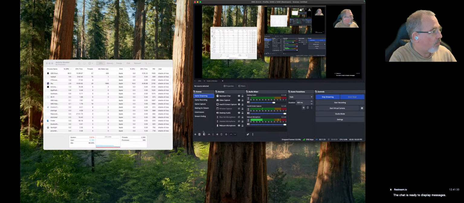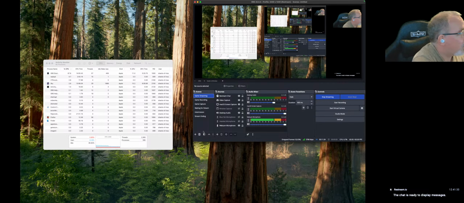Well, yeah, the GPU 9.5%. That's about right. That's in the ballpark. I don't understand why it's saying percent of the CPU 67.6.